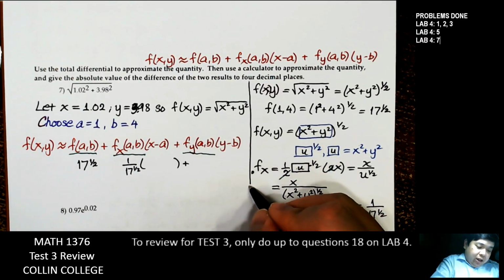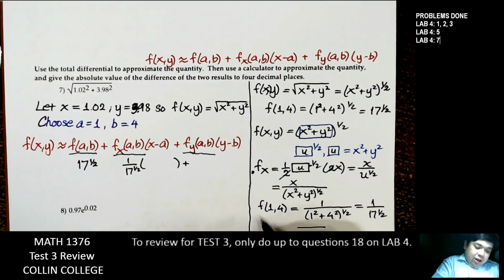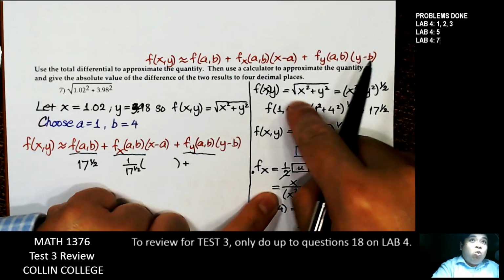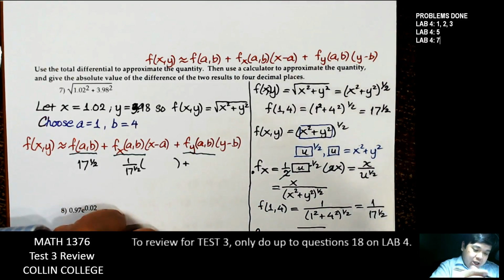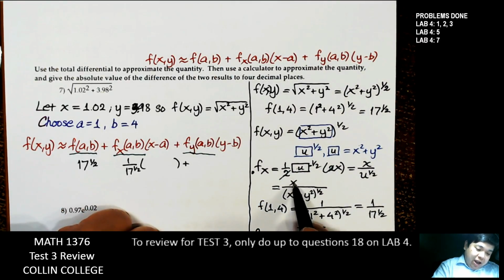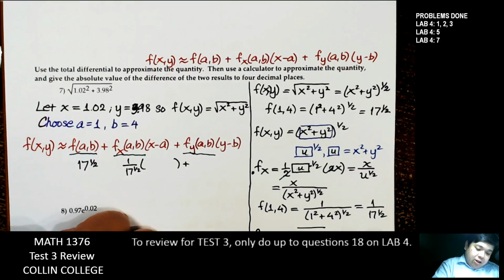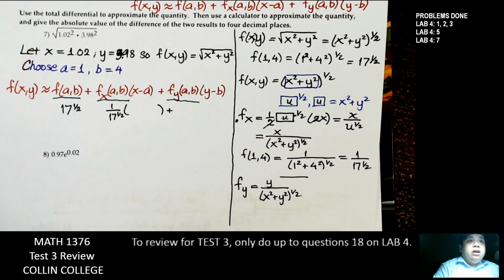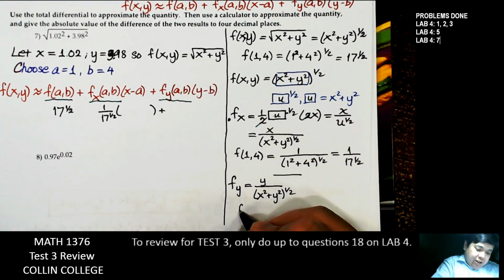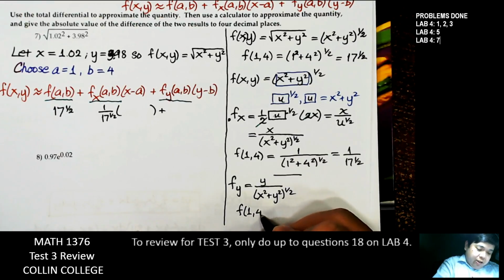And then similarly, we can find the derivative with respect to y, pretty much because the function is square root of x squared and y squared. So with respect to y, instead of x on the top, we're going to have y on the top, and we do the same thing at 1 and 4.